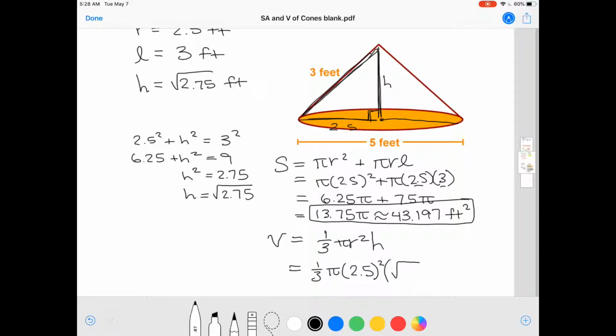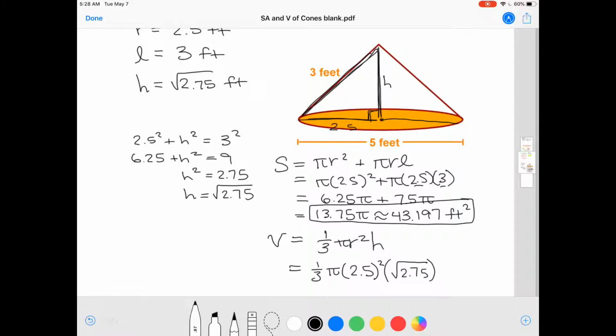Now here it is. I'm going to type that in for the height. So I'm going to type this all in at the same time. 1 divided by 3 times pi times 2.5 squared times the square root of 2.75.